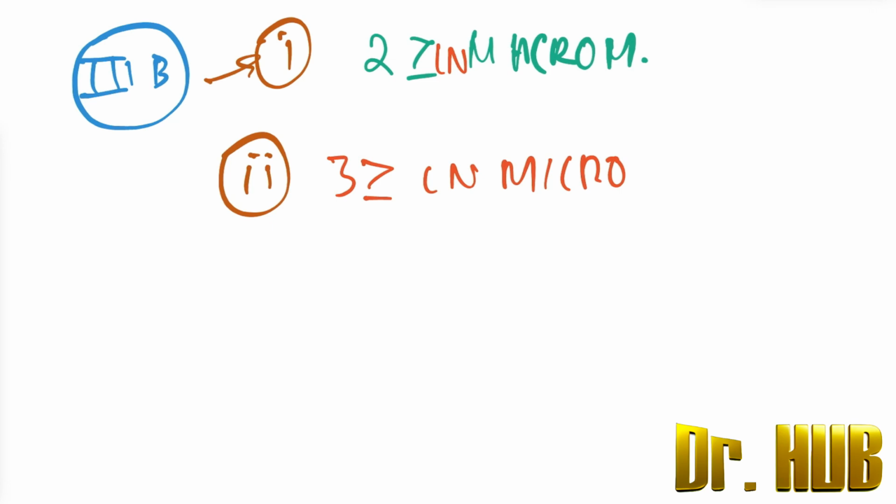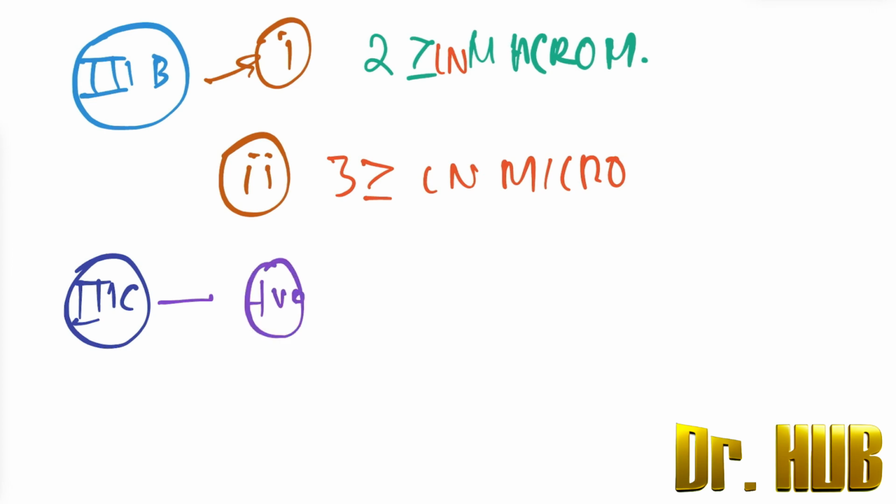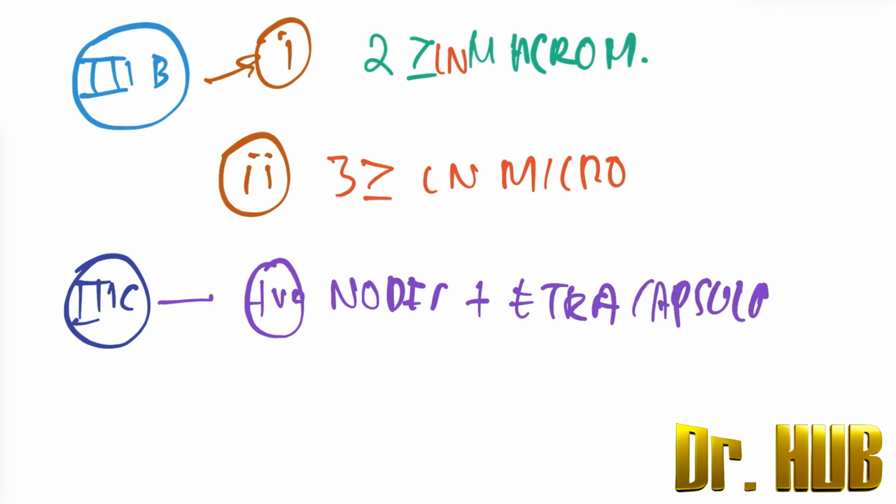In terms of 3B1, it is macrometastasis. Now let's look at 3C. 3C refers to positive nodes with extracapsular spread.